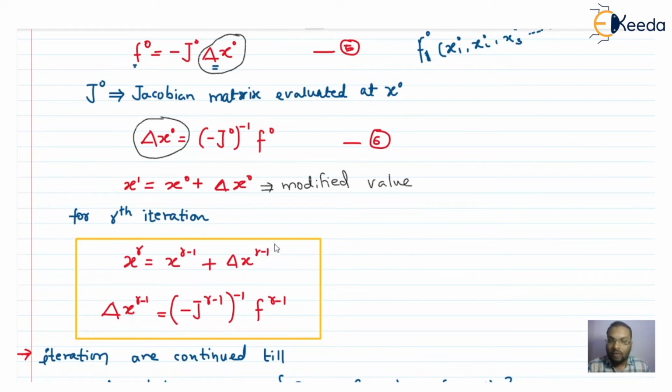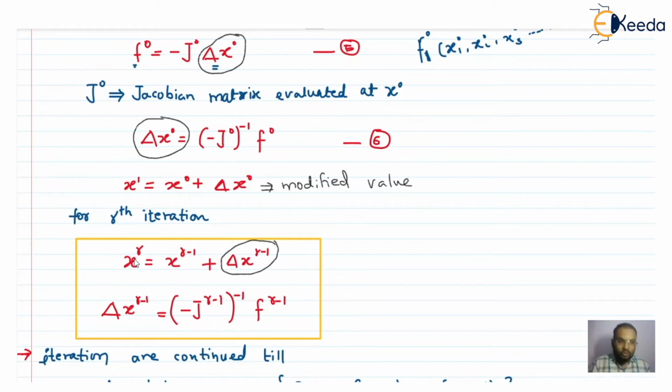We evaluated that correction with the help of equation number 6: x of r minus 1 correction equals the inverse of the Jacobian matrix evaluated at the variables in the r minus 1th iteration, times the function evaluated at the variables in the r minus 1th iteration. With this you get the correction, then find the modified value, and once you get it, check for convergence.